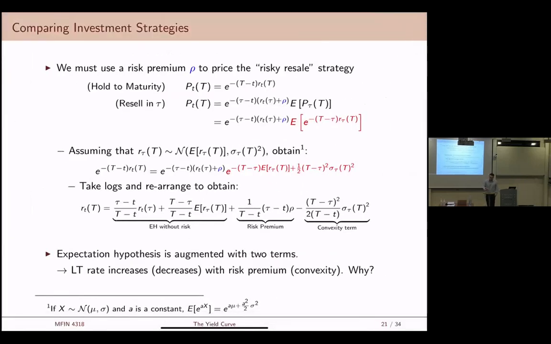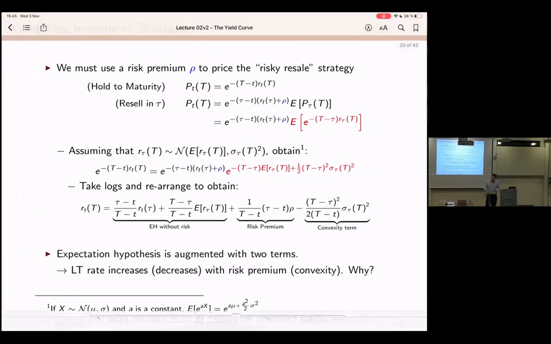Okay, so that's probably the most notation-heavy slide of the course. Don't worry, there's a lot there, but we're going to unpack it. And at the end of the day, what matters for me is that you get the intuition rather than the math. So the first step is that we're going to say, well, the first strategy, what I called S1 before: you buy your bond today, you hold it until maturity.